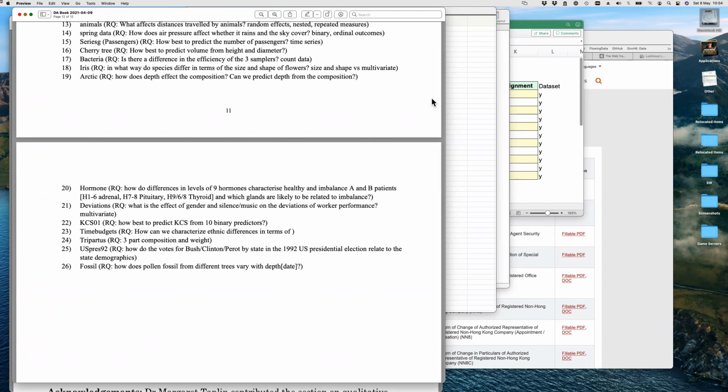So typically, compositional data is percentages, but it could be percentages of different things. Oh yeah, sorry, you're right, sand, silt, and clay. Yes, I'd forgotten. Sand, silt, and clay makes more sense, right? So sand, silt, and clay is a standard way of describing soil.